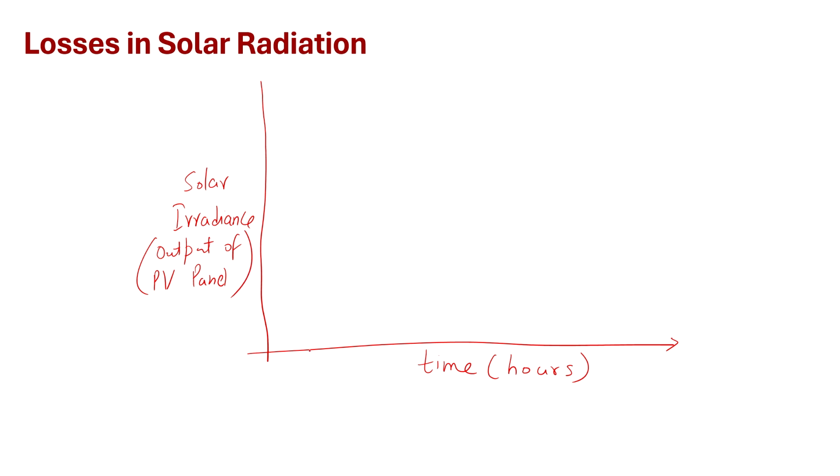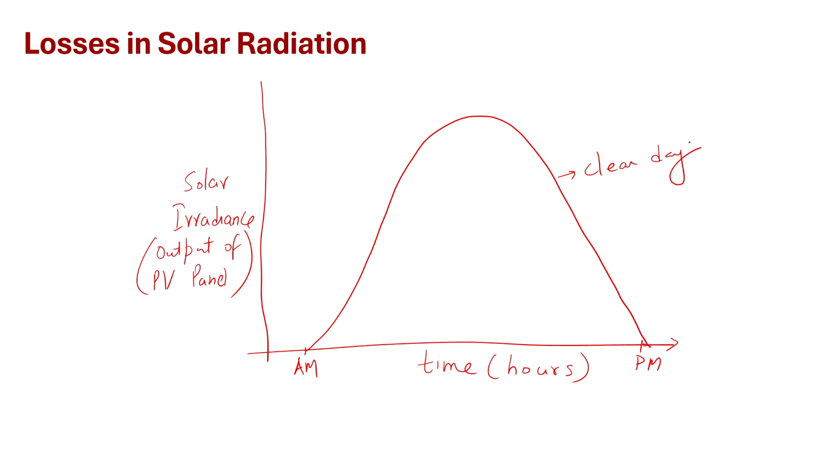So, if you look from the start of the day until the end of the day, on a clear day you might see a profile like that. So, this is for a clear day when there are little atmospheric losses, when there is less cloud cover, etc.